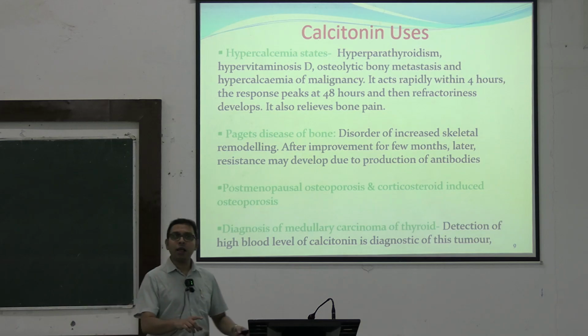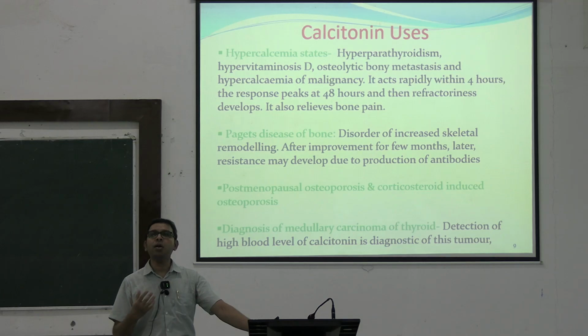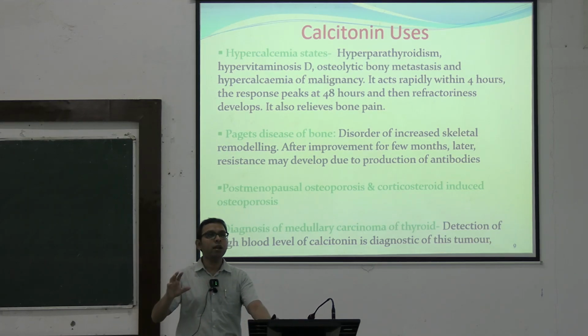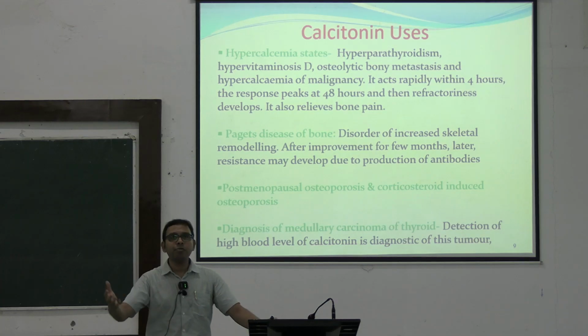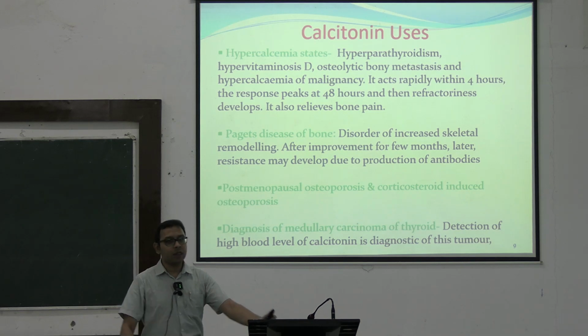Already in the previous class we discussed hyperparathyroidism. It means there may be a parathyroid adenoma, tumor or carcinoma from which more parathyroid hormone is secreted. When more parathyroid hormone is secreted, as we have seen, there will be more calcium absorption and reabsorption, more calcium availability in the blood, so there will be hypercalcemia.